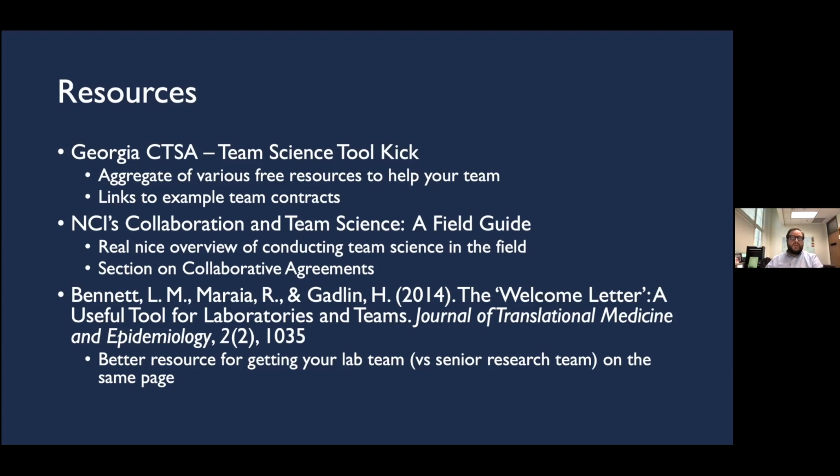If you're going to take anything away, the NCI's collaborative and team science field guide is absolutely brilliant. And then another example of a welcome letter, which is something you would use for your research team. There's a citation there. And I know these sites are going to be provided to you.